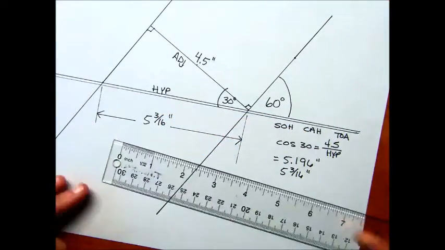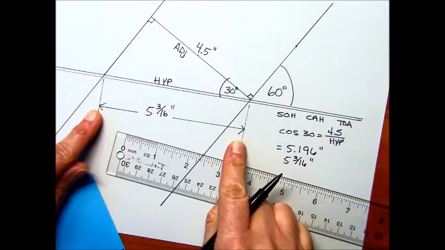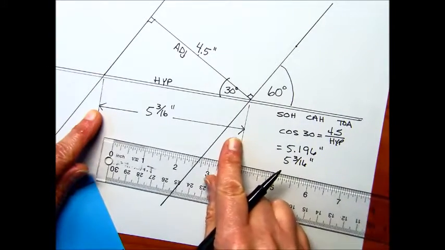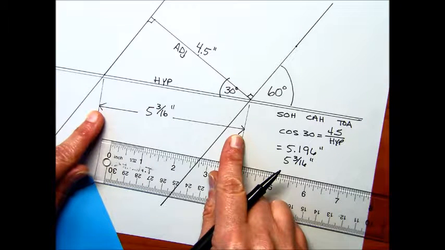Okay, now we're going to take half of the hypotenuse. So half of 5 and 3/16 is going to be 2 and 19/32. Now, it gets tricky when you get into 32nds. 19/32 is really close to 20/32, which reduces to 5/8.